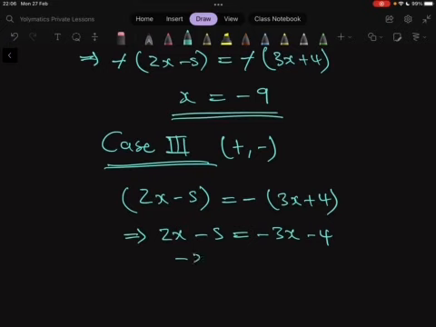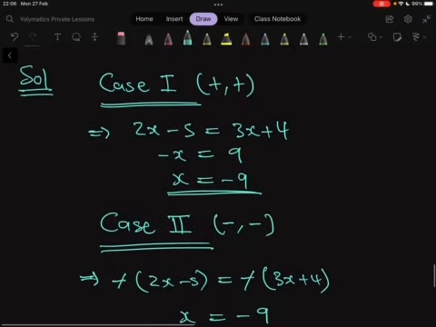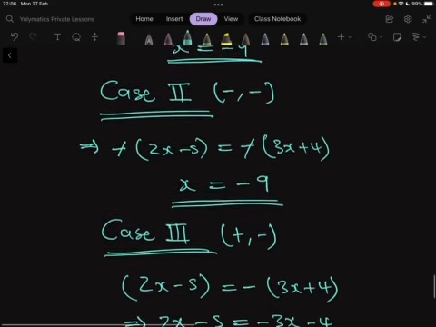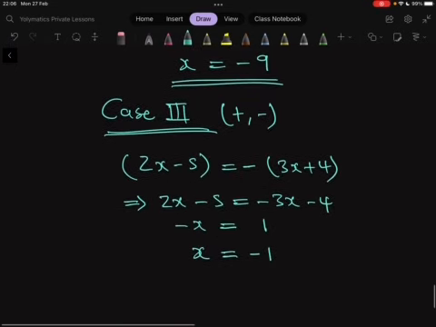Then bringing terms across, we get 5x = 1... Let me see if I copied it correctly. So I said 2x - 5 is equal to that. Yes, this is what we obtain. So x is equal to -1 in this particular case.